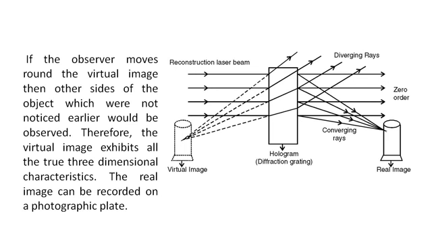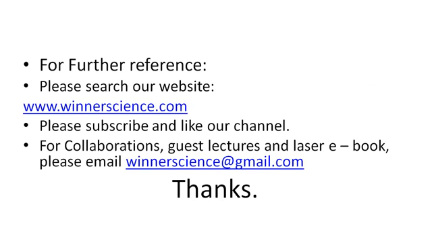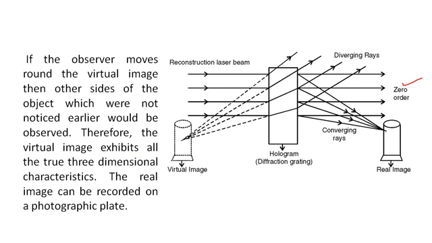If the rays pass through and are not diffracted, then we will get the zero order image. That is, we will get the maxima here. And I will try to explain the formation of the virtual image. You must have seen in your books, in the very good books of certain publication houses, that a hologram is made on the cover page or on the back page of the book.